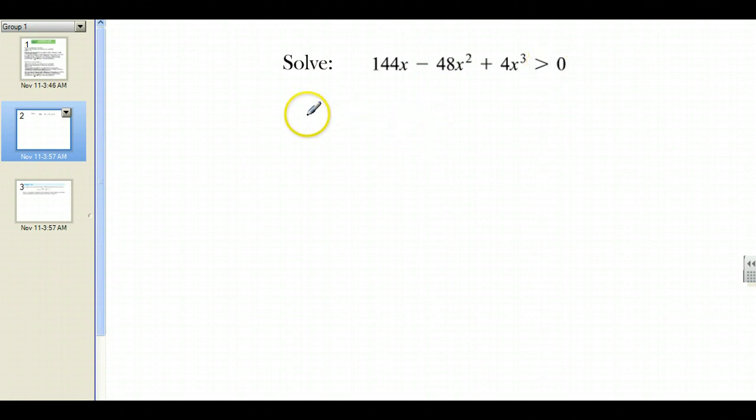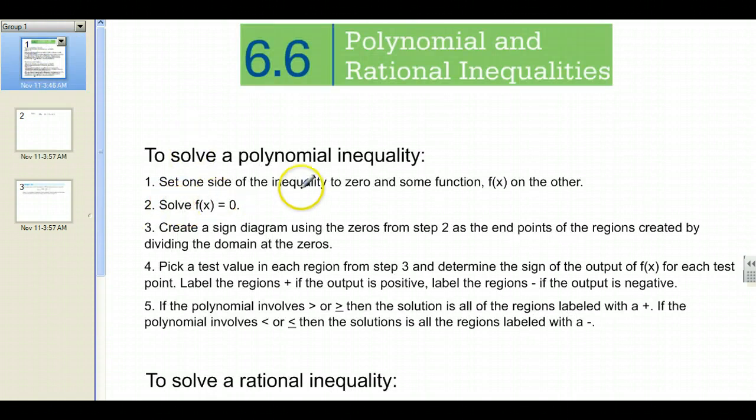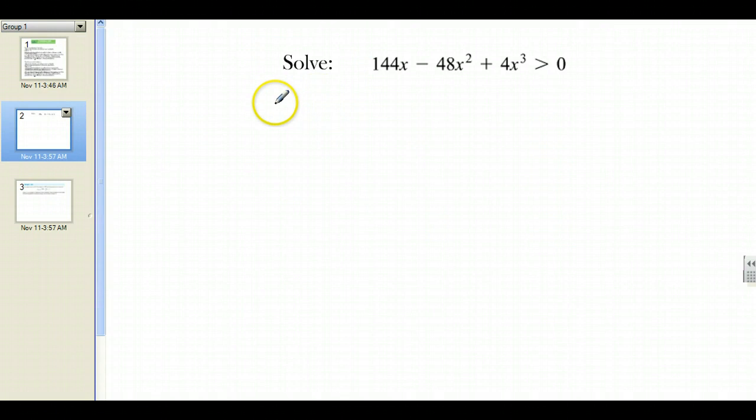Now what I want to do here is treat this as if it's equal to 0. Everything is already on one side, so I'm already down to step 2. So I'm going to treat it as if it were equal to 0 temporarily.